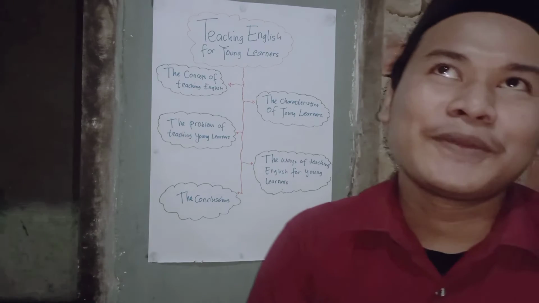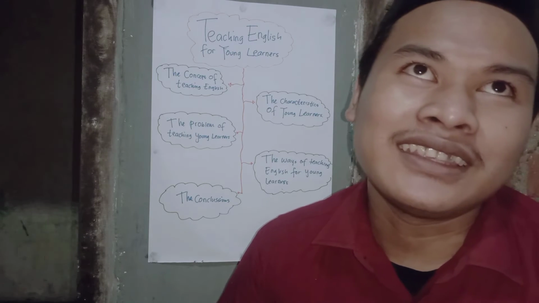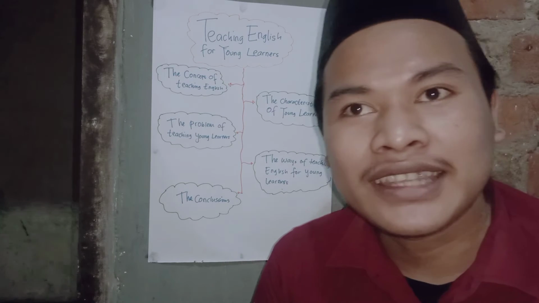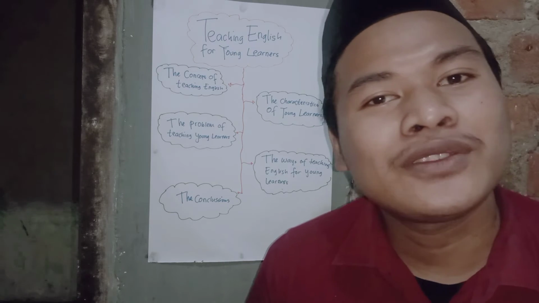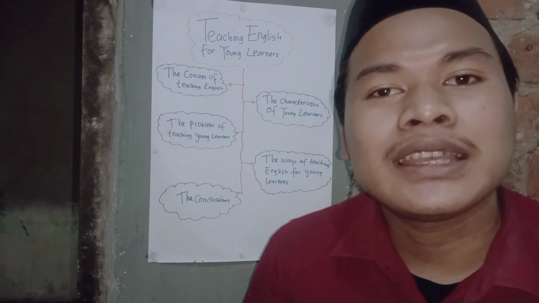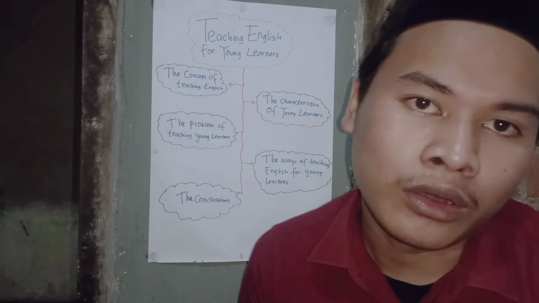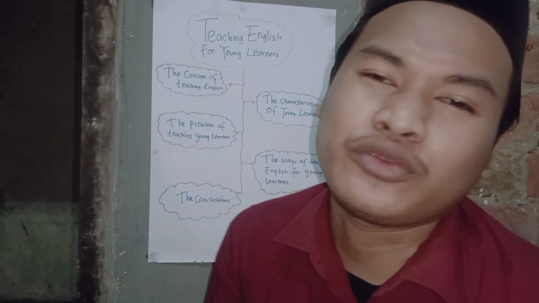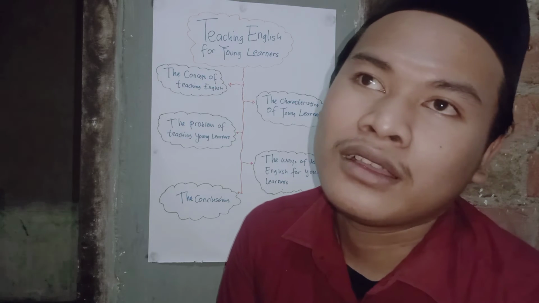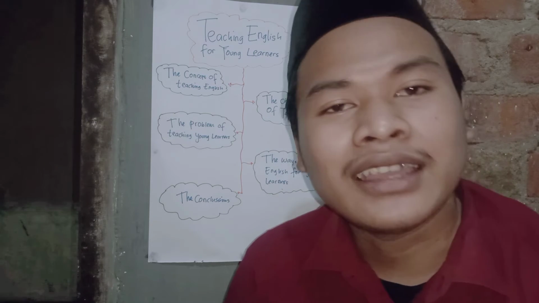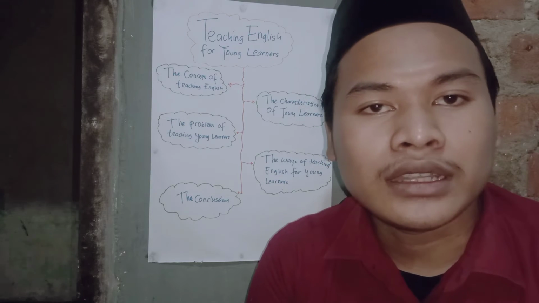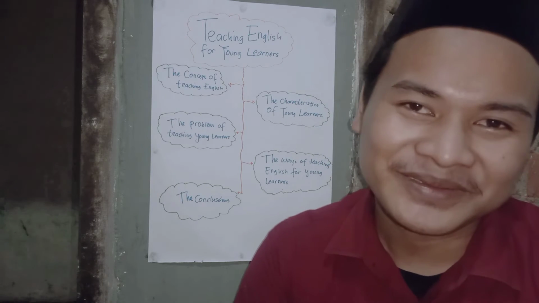Like maybe they like to listen to or watch a fairy tale. So we have to make a study plan or teach with fairy tales to make them feel it is fun, and so they can learn English seriously.